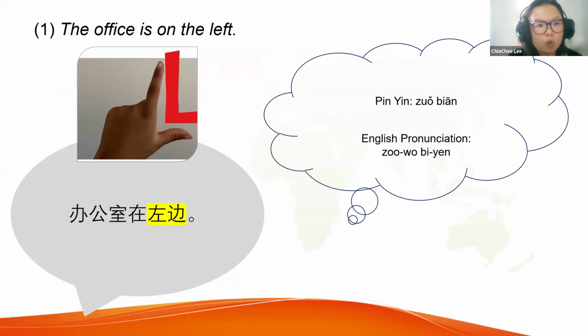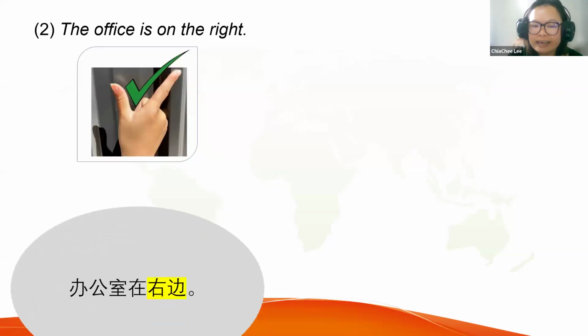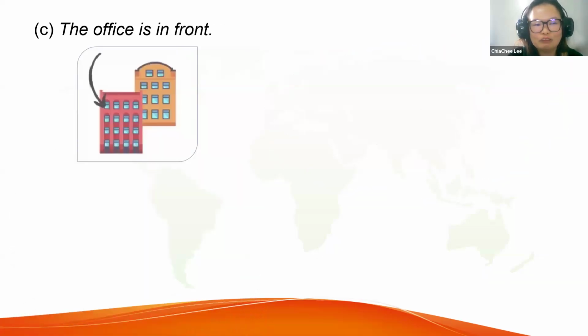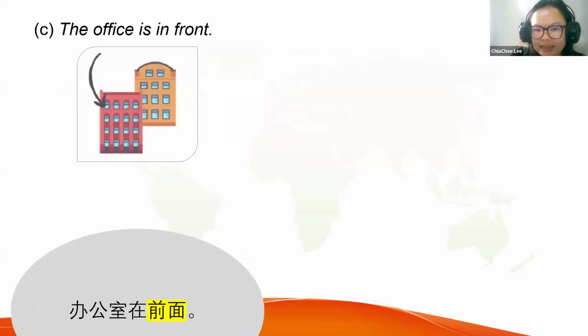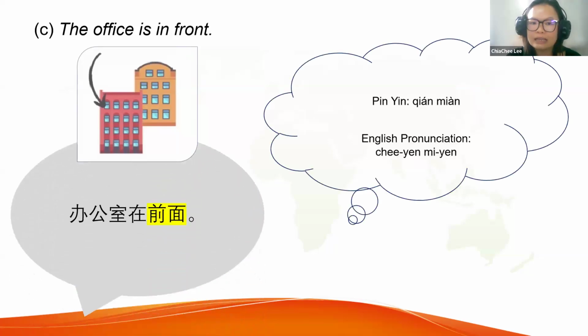Now we want to know where is the office, 办公室在哪里? So we answer again: the office is on the right, 办公室在右边. And the office is in front, where the eyes can see, 办公室在前面.